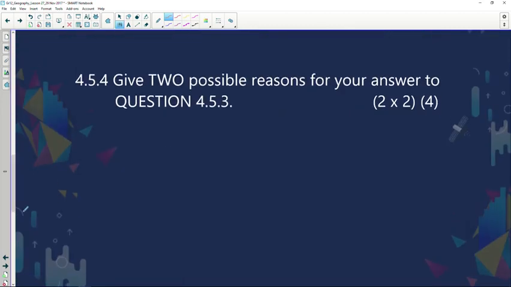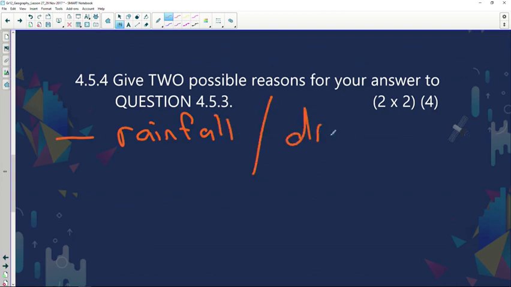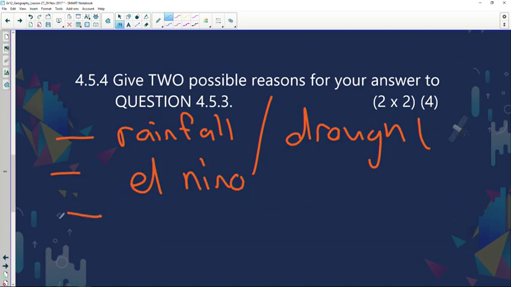Give 2 possible reasons for your answer to question 4.5.4. Now, first, obviously, when you look at South African farming, I'm guessing rainfall. We might have experienced a drought. Definitely a drought. And you can mention El Nino, you've learned about it in grade 11.